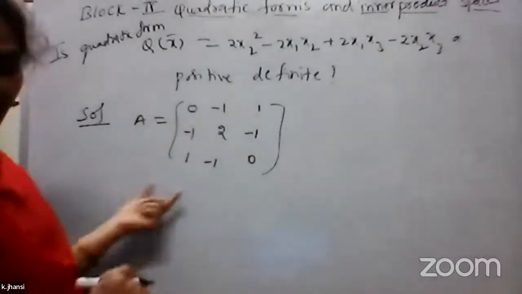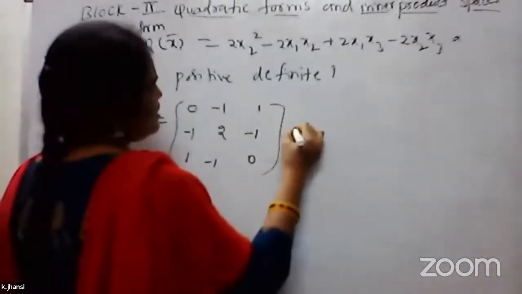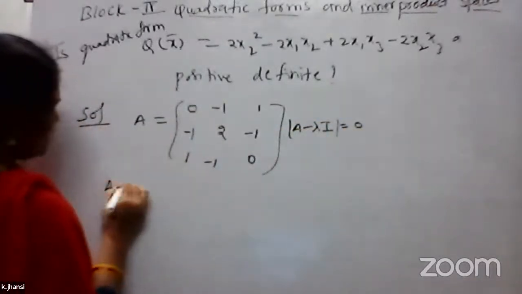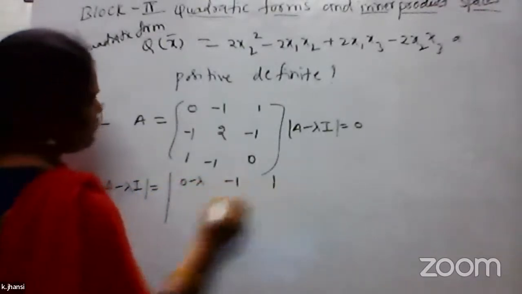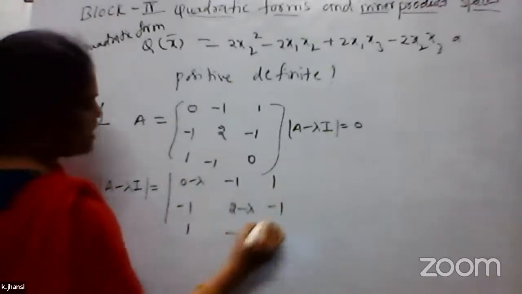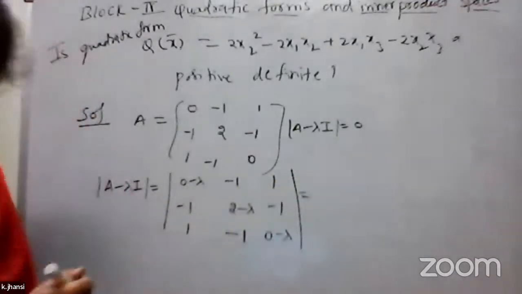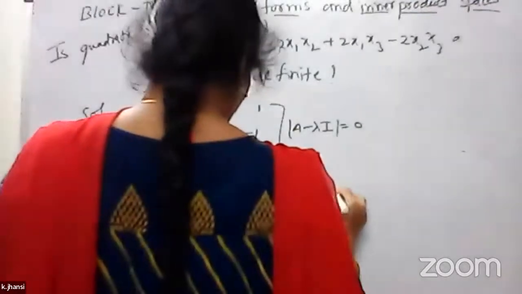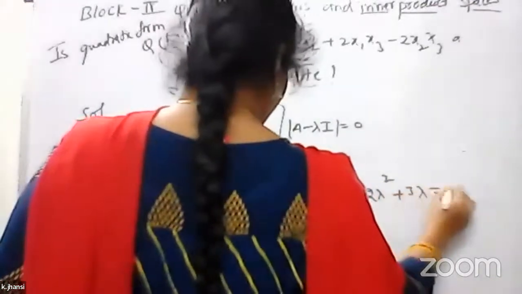Okay. So the characteristic equation is A minus lambda equals 0. This is our A. So A minus lambda is the matrix: 0 minus lambda, -1, 1; -1, 2 minus lambda, -1; 1, -1, 0 minus lambda. When you find the determinant of this, you will get the equation minus lambda cube plus 2 lambda square plus 3 lambda.